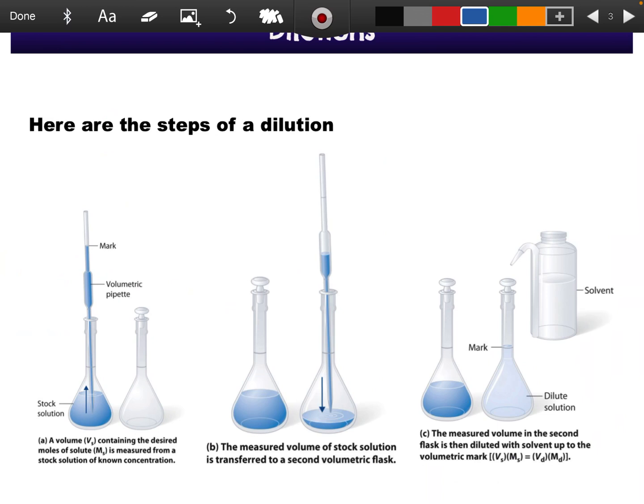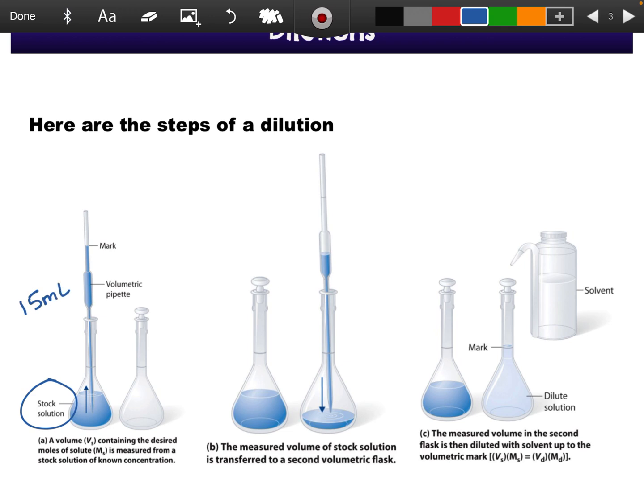If you were in the lab and actually doing a dilution, there's a specific way that you have to do it. Once you solve the problems and figure out how much of the concentrated solution you need, your stock solution is your concentrated solution. Say you figured out that you needed 15 milliliters of your stock solution.